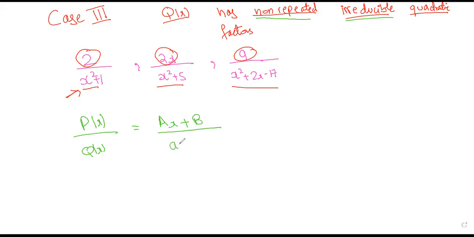It would be ax square, let's say we have the x term as well, plus c. Yeah, so this was the case here. In this case, the difference is that they are irreducible. Let's talk about an example over here and let's see if you guys have understood this concept or not.